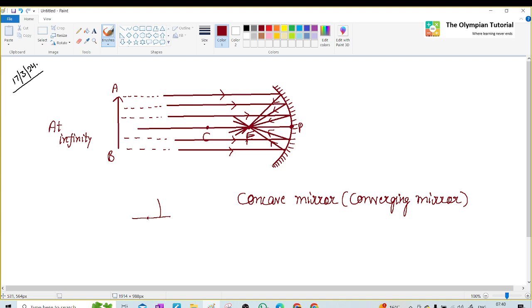Rays are coming from the sunlight and all will be converged on the focal point. When all rays are converged on a point, there will be a sharp bright spot of sunlight, which can burn the paper also. Are you getting the point? Yes, ma'am. This is for a concave mirror.